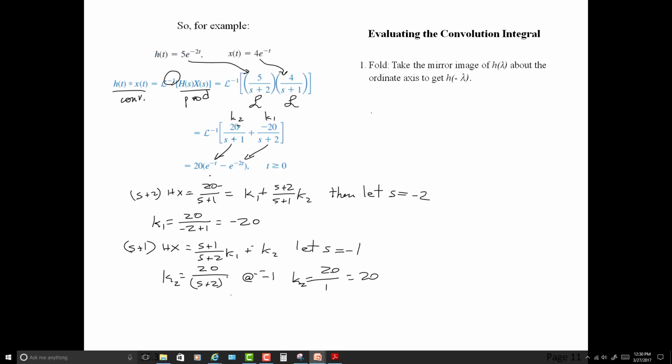There are 4 steps. You fold first. You take the mirror image of h, which we'll call the impulse response, about the ordinate axis. And just so there's no confusion, this will be lambda in this direction. This is the ordinate axis, right?